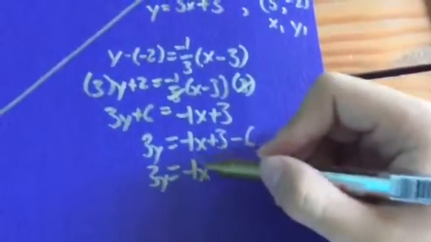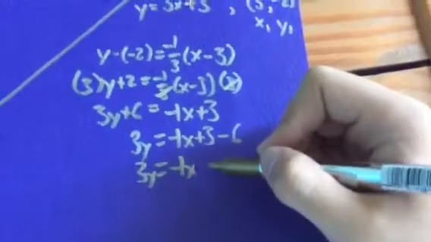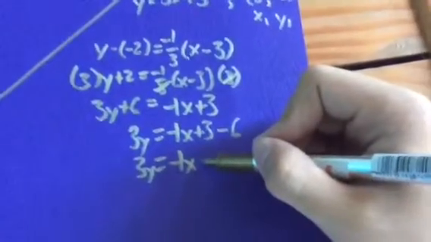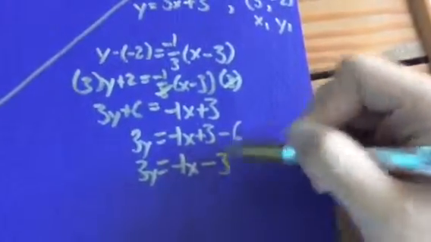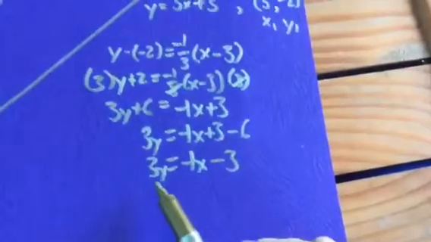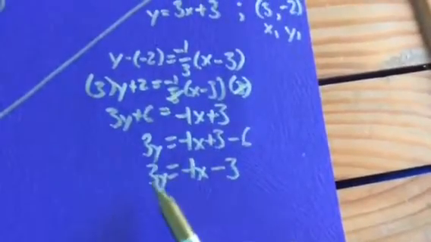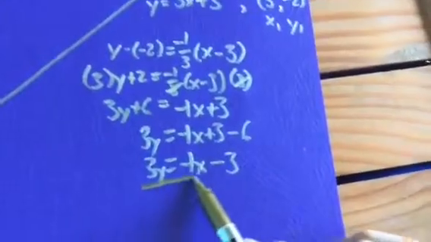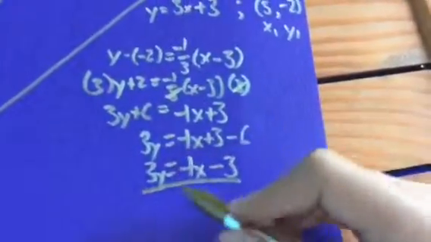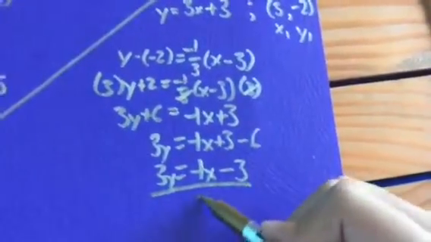You don't have to add the negative one, but later on, you may need it. But we're not done yet because the variable y still has a coefficient of 3. It has to be equal to 1. So we divide everything by 3.